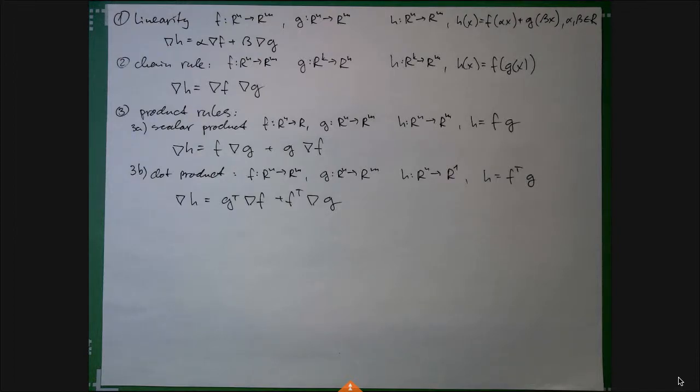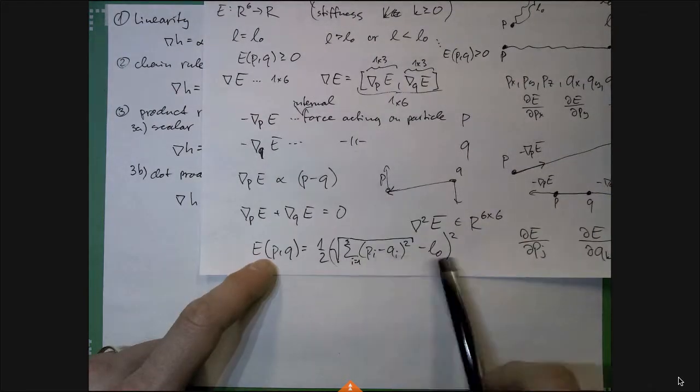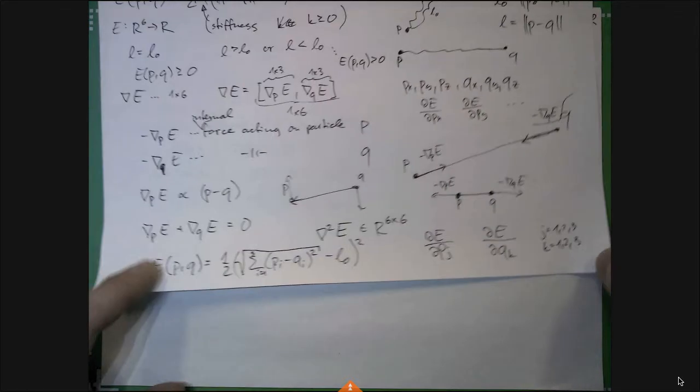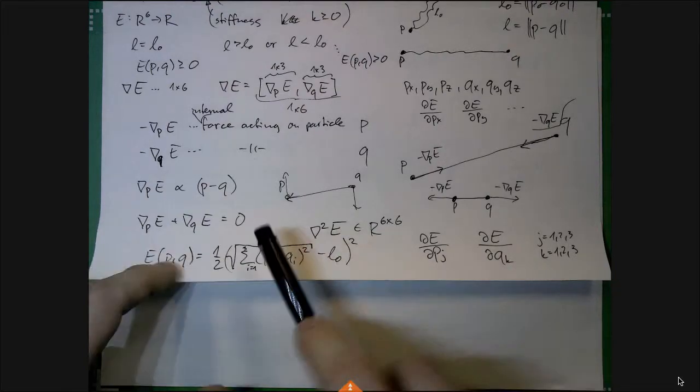Okay. So in the interest of time, I will show you how to do it by applying these rules. The point is that if you go this route and try to differentiate this directly per coordinate, it will, as some of you have found out, generate a lot of algebra, and this is a simple energy.